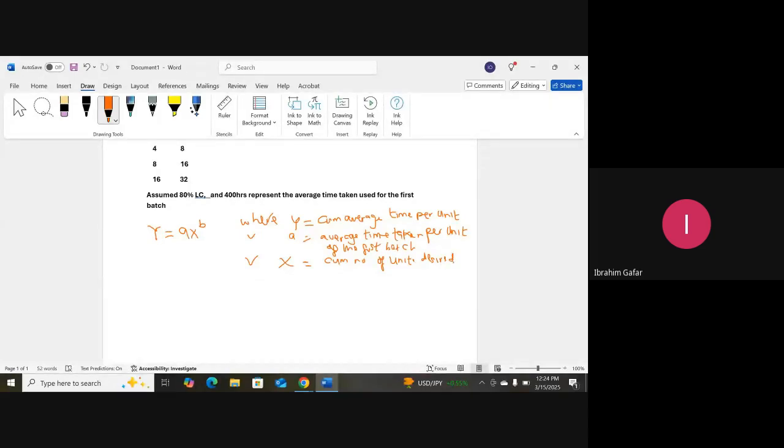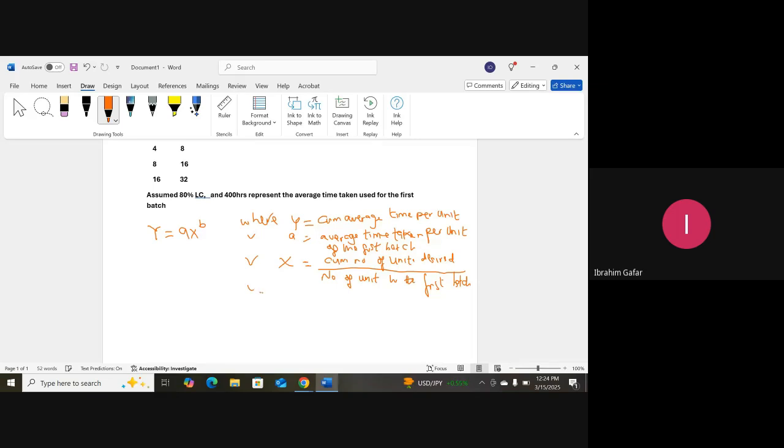Cumulative number of units desired, all over the number of units in the first batch.